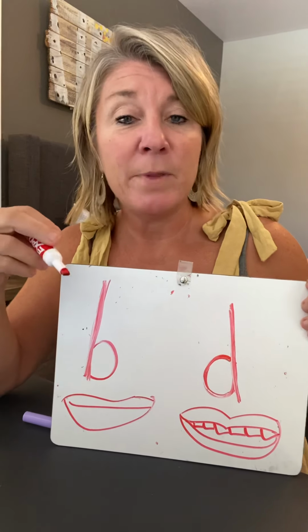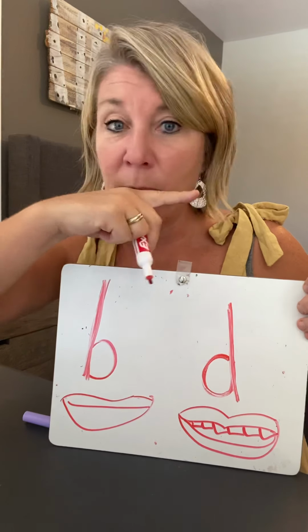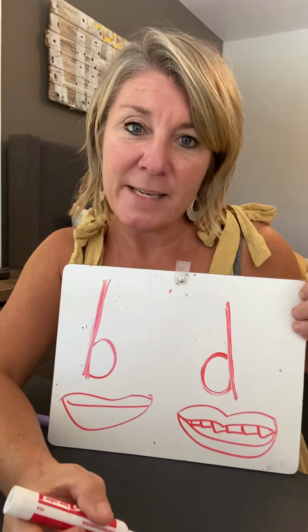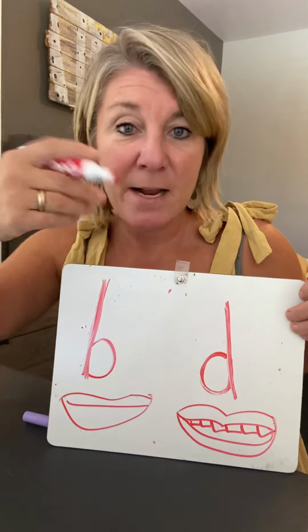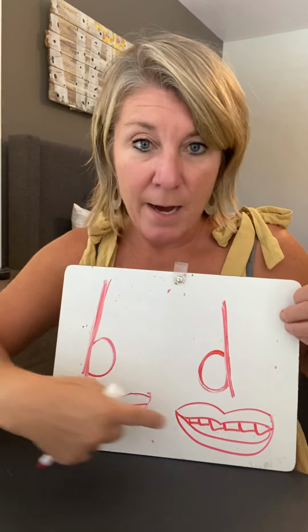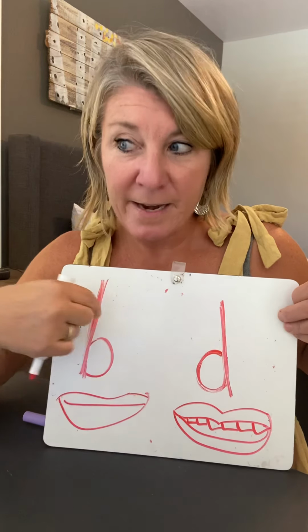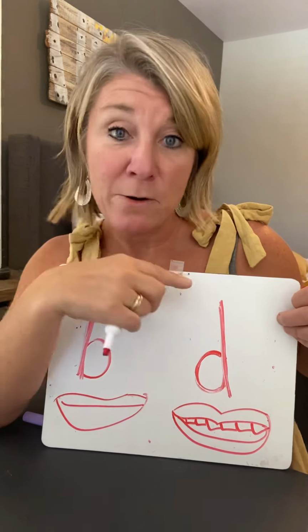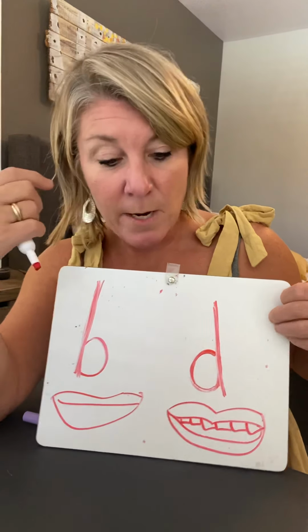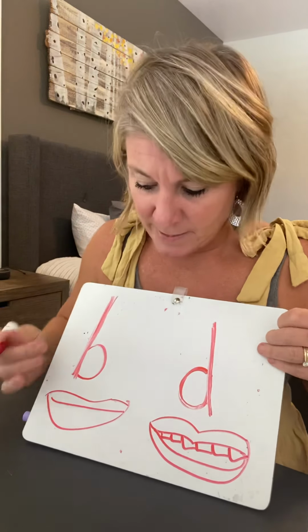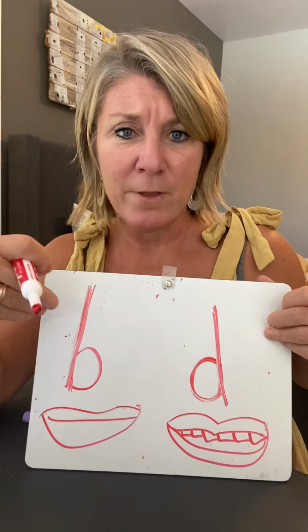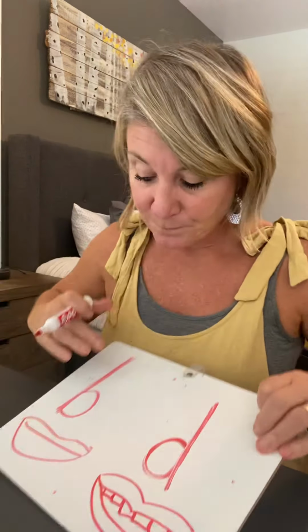And so when they say B, and you teach them what that looks like, and then they go to read it in the paper and they say a B sound instead of a D sound, it might help them connect to be like, okay, I said that wrong. My mouth is straight or my mouth is open. So the sound is this or the letter is that. So I don't know if that's confusing or not, but it was kind of eye-opening to me because I didn't realize what the mouth looked like in relationship to those specific sounds.